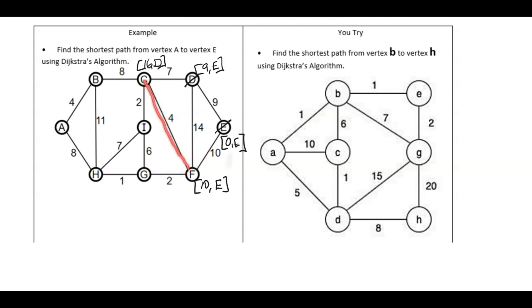So going to C, we're already at 10, plus 4, we could get up to 14. So we could have 14, passing through F there. Now this time that is better than what we have already. We have 16, D, but this says 14, it's lower.